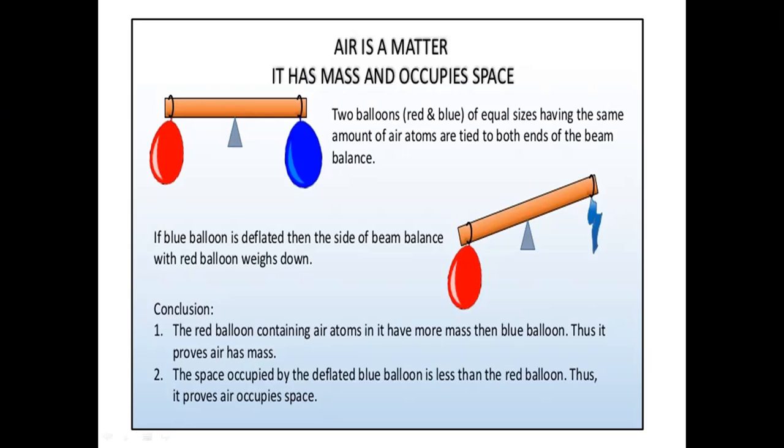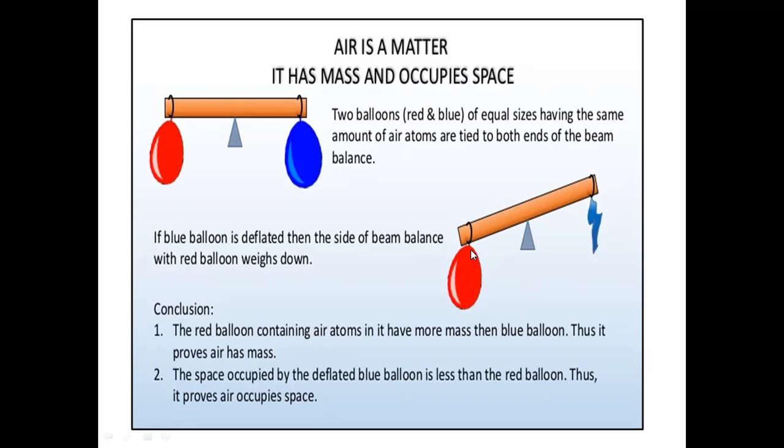Next, in the second step, if you deflate one of the balloons, like in this case where the blue balloon has been deflated, what happens? Slowly the beam balance tilts to one side, which shows that the red balloon is heavier.